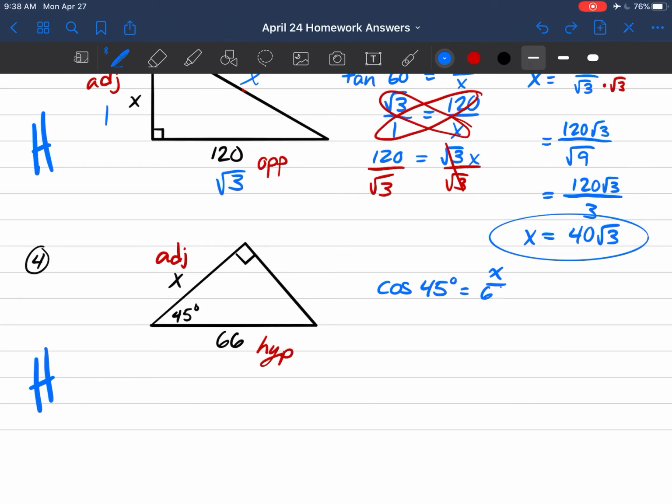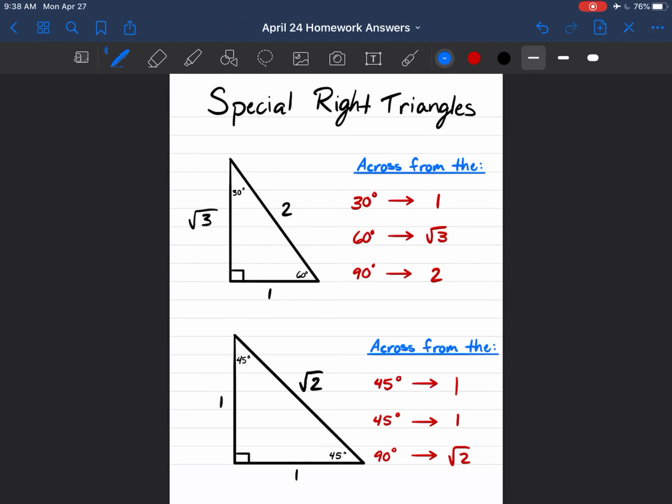And then now we need to know what is the value of cosine of 45. So you're going to do adjacent over hypotenuse for that. So let's figure that out. So remember, across from the 45 is a 1, both legs are 1, and the hypotenuse is square root of 2.